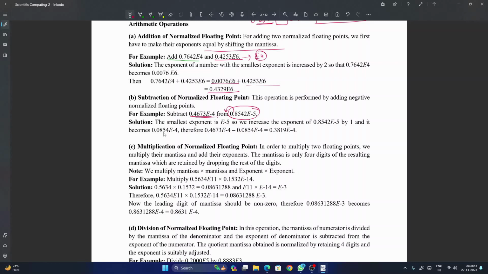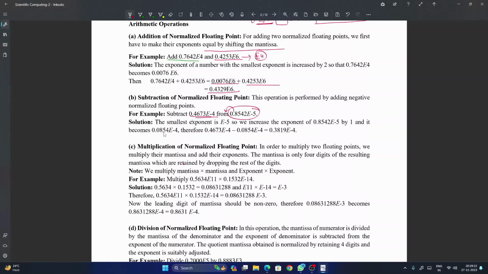Now subtract it. Here I think they are doing it wrong: the instruction says subtract this from that number, but here they are subtracting this number from that. That means this number will be negative, because this is actually the smaller number, so the result will be 0.7643 e to the power minus 4.